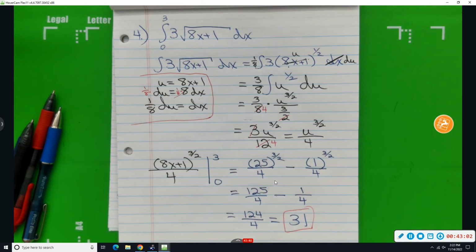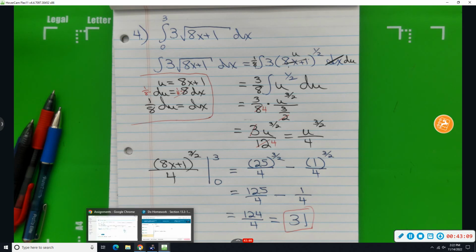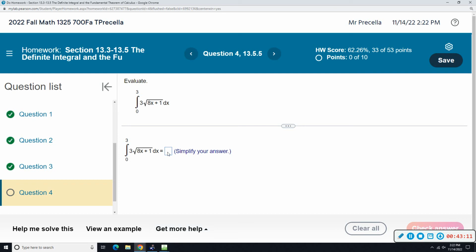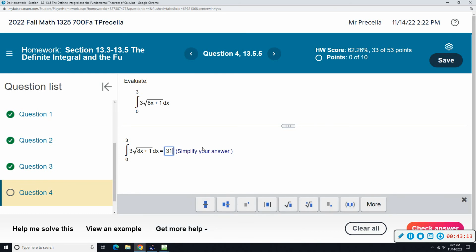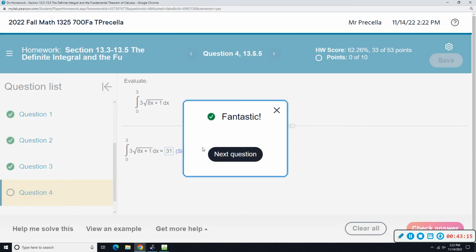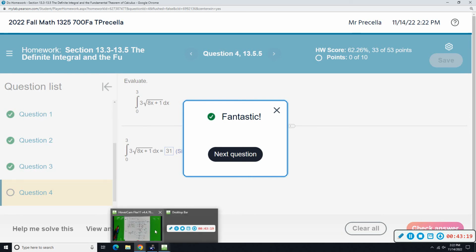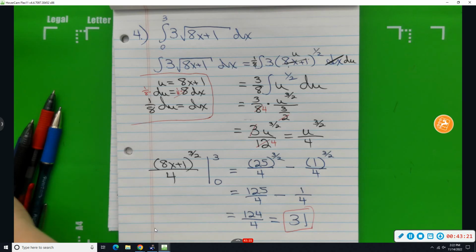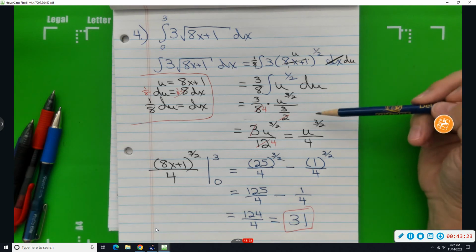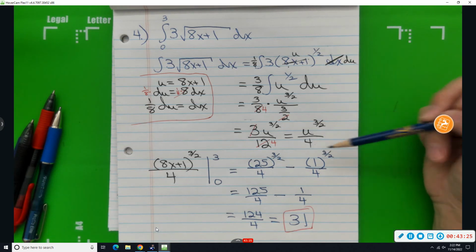Any questions there? Maybe I should punch in that 31 and make sure, the way I've been doing today, I better make sure that's right. Any questions there? We anti-differentiated using a U-substitution.